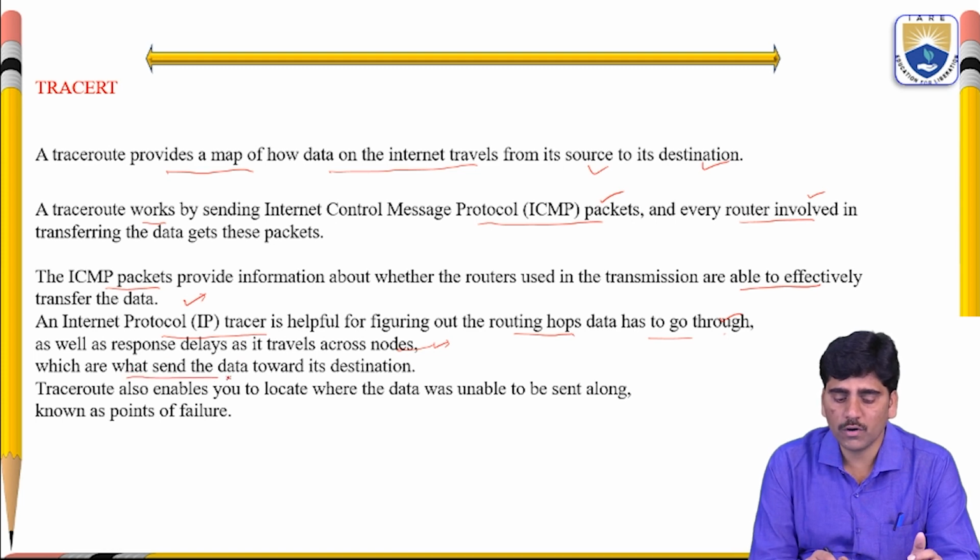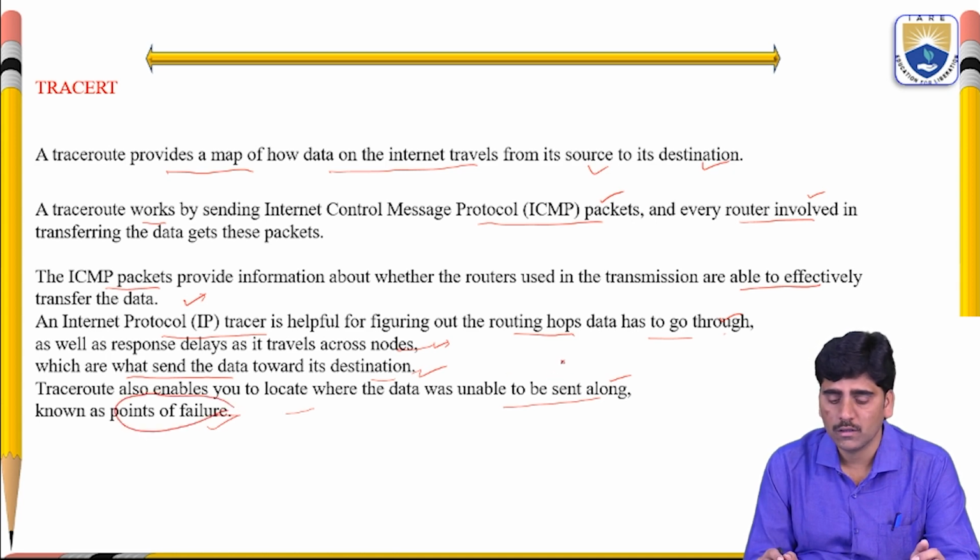It enables you to locate where the data was unable to proceed, known as points of failure. So it identifies points of failure and points of success. If any router is not responsive, the router may cause a failure in the transmission of the data.